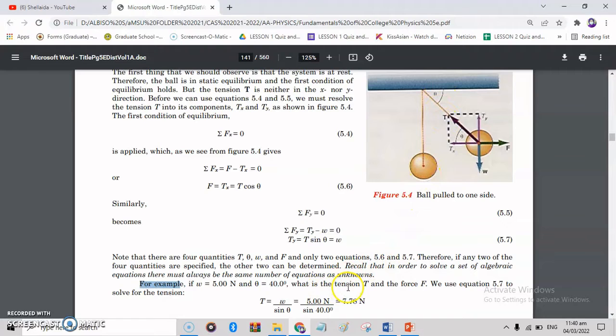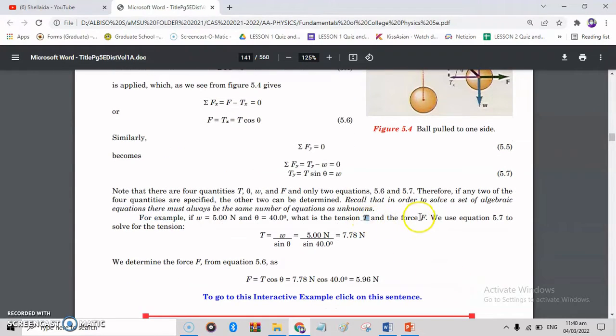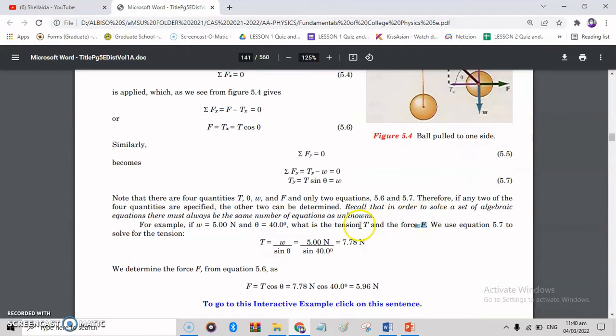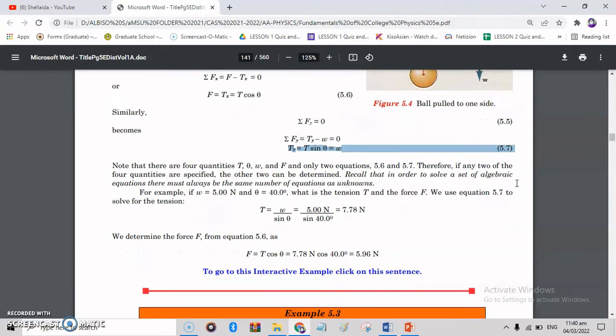What are the tension and the force F? So there are two unknowns, the tension and the force, because we are given the weight. Therefore, we also need two equations, which are 5.6 and 5.7.